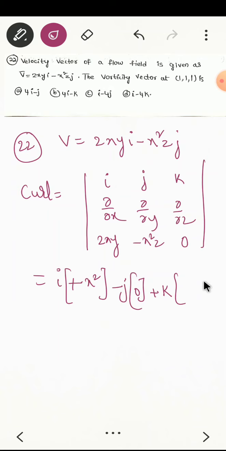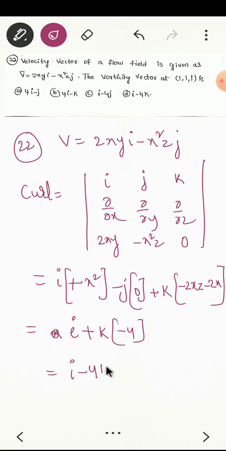Plus k into, with respect to x, minus 2xz, minus with respect to y, minus 2x again. Okay, do the determinant. Substitute 1 comma 1 comma 1: i minus 4k is the vorticity vector. Vorticity vector is curl. So i minus 4k is the correct answer.